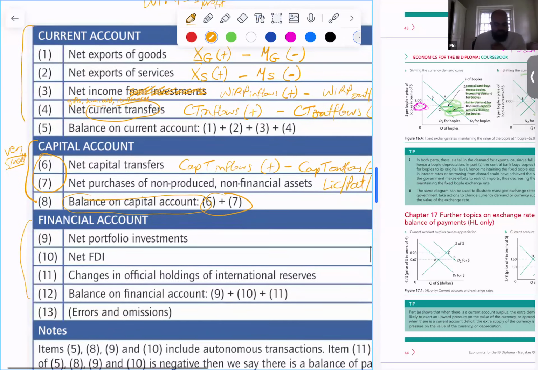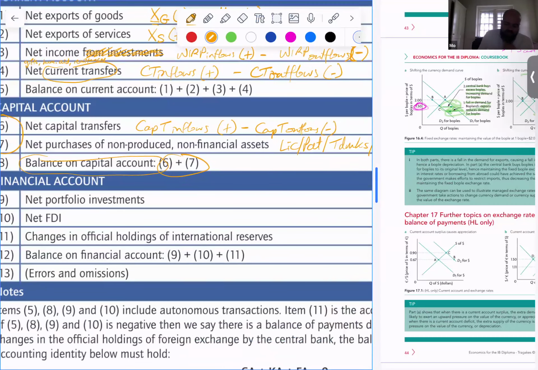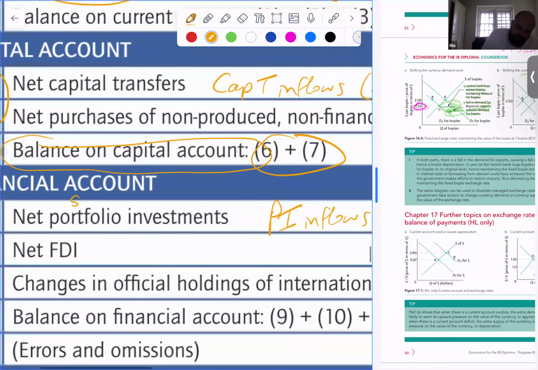So what is the financial account? So net portfolio investments, which is basically portfolio investment inflows as the credit minus portfolio investment outflows as the debit. Okay, what's portfolio investment? It's any investment that is financial, in stocks, bonds, shares, etc. This is portfolio investment.